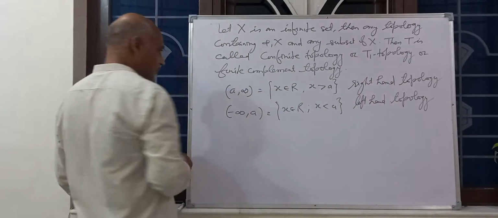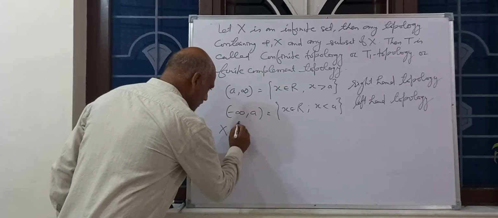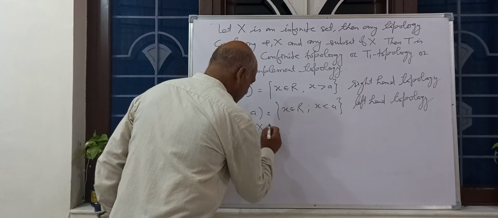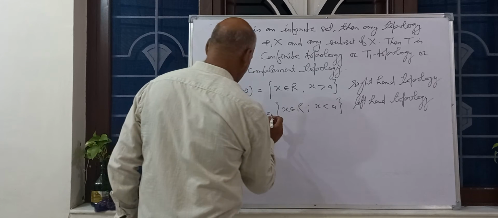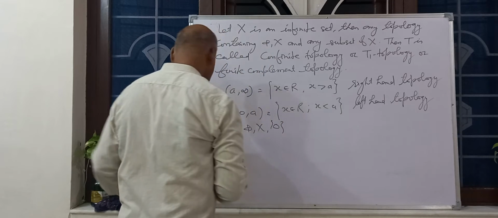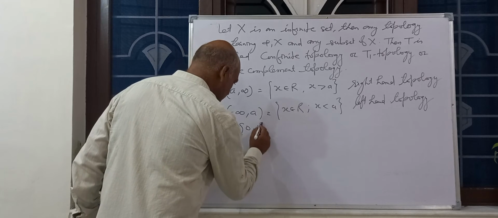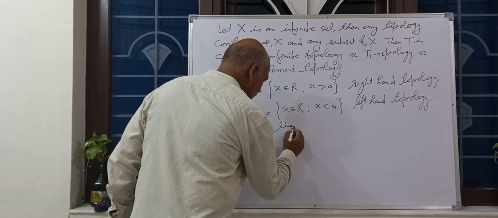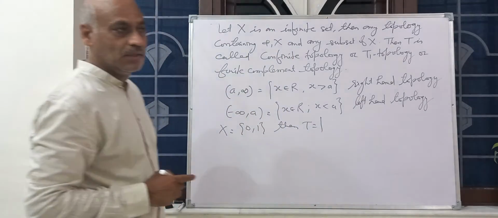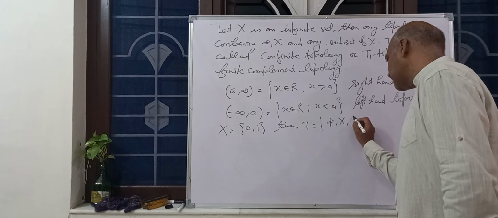In a topology, suppose X is the set {0, 1}, and T is a topology consisting of phi, X and the set {0}.